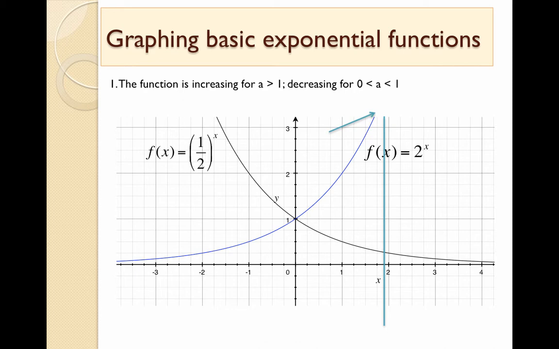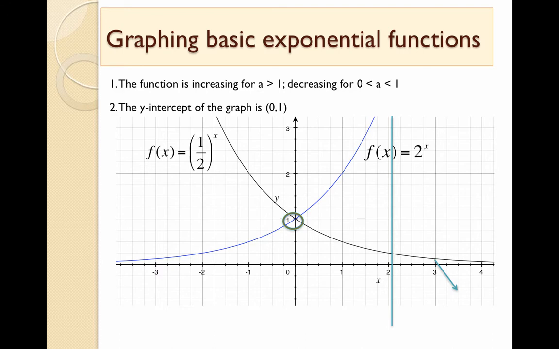So whenever a is greater than 1, you have an increasing function. Let's look at the decreasing. f(x) = (1/2)^x, so a is 1/2, so it's between 0 and 1, which means our function is decreasing. That means as we move from left to right across our function, our curve is heading downwards.